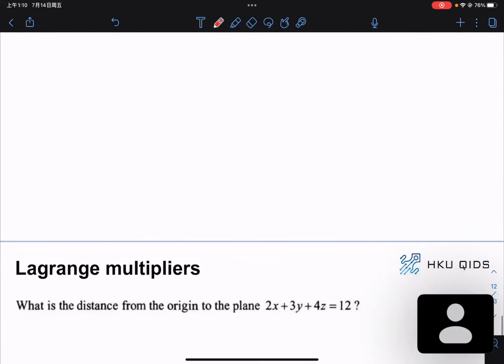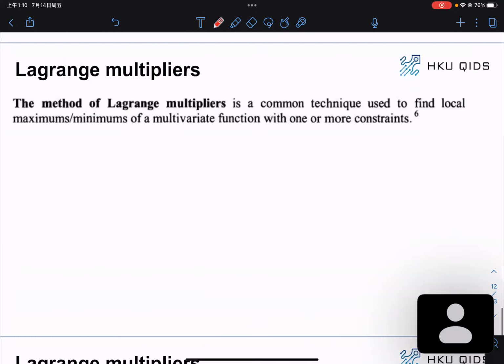It means that if we have a function f(x1, x2, all the way to xn), it could be a function of n variables, and it could be differentiable.